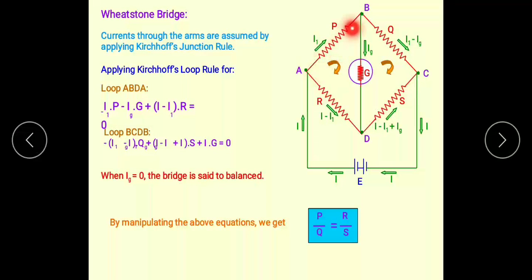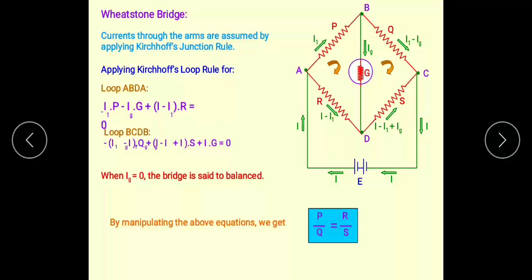Some of the current will flow in the resistance P and some of the current will flow in the resistance R. So we suppose that I1 current is flowing through P and I2 current, I minus I1, is flowing through R. Now we can see easily there is a galvanometer attached between ends B and D.